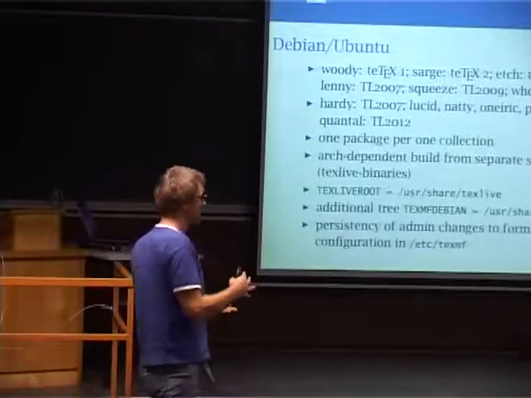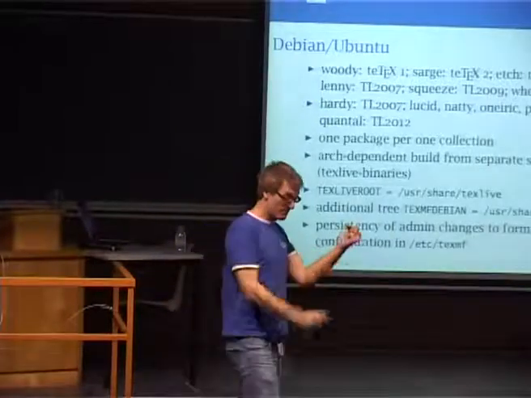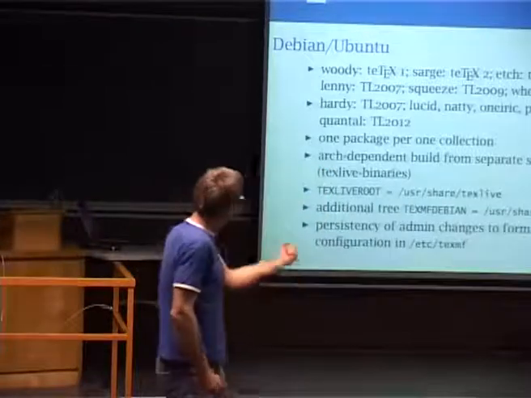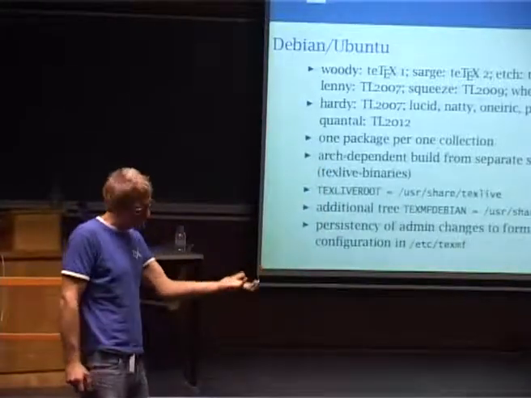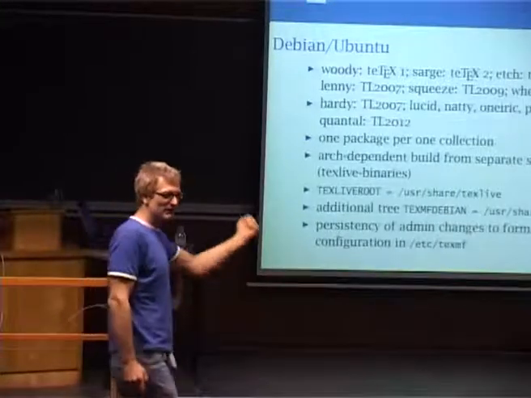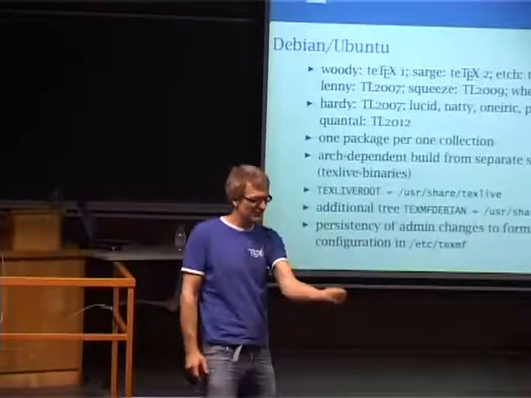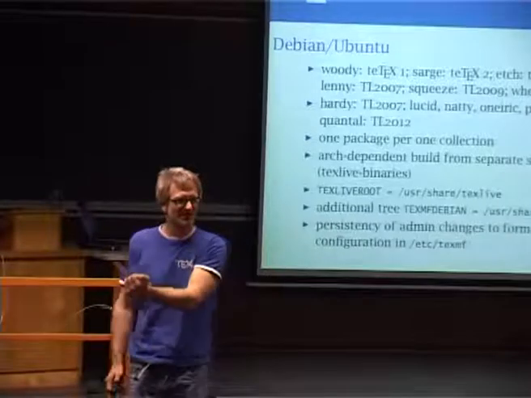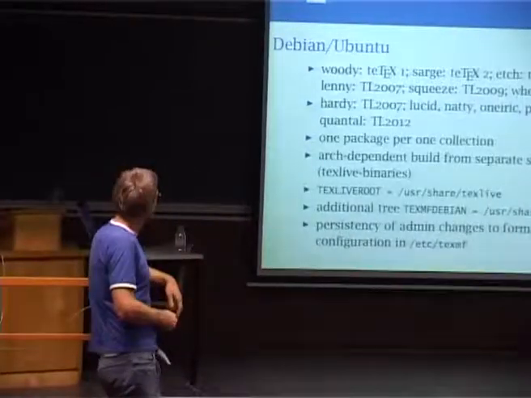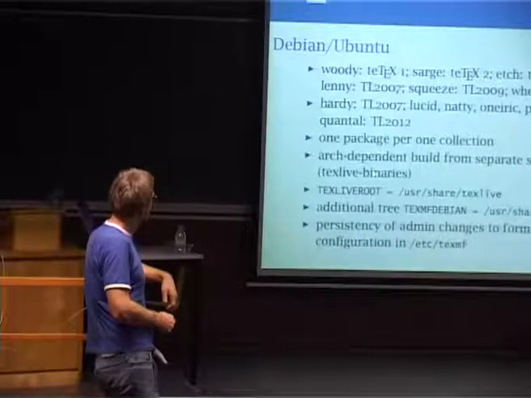If you know a bit about Debian, a package that is for every architecture is not completely duplicated, you just have it once. But if you have to compile something, then you have to do it for every architecture supported in Debian. So we keep that to a minimum and ship everything in architecture-independent files.